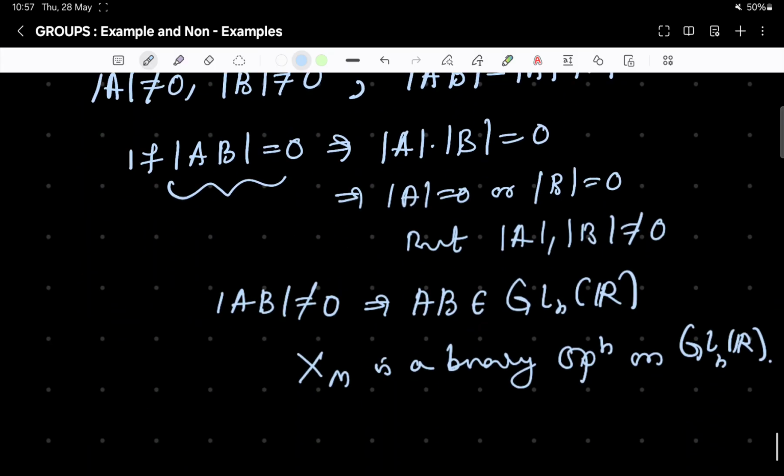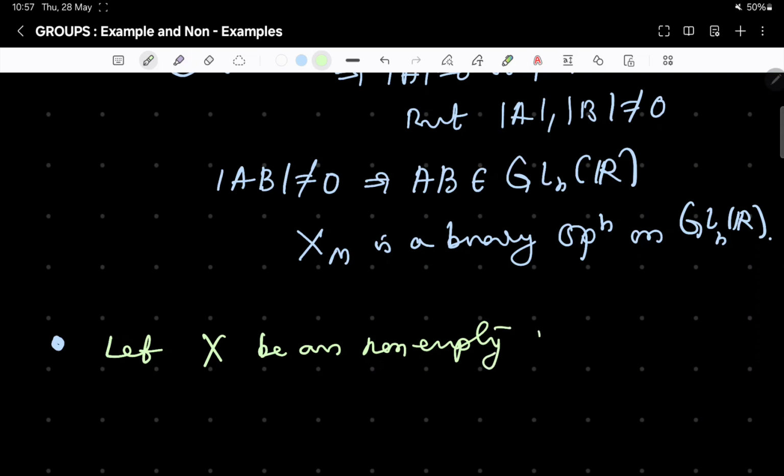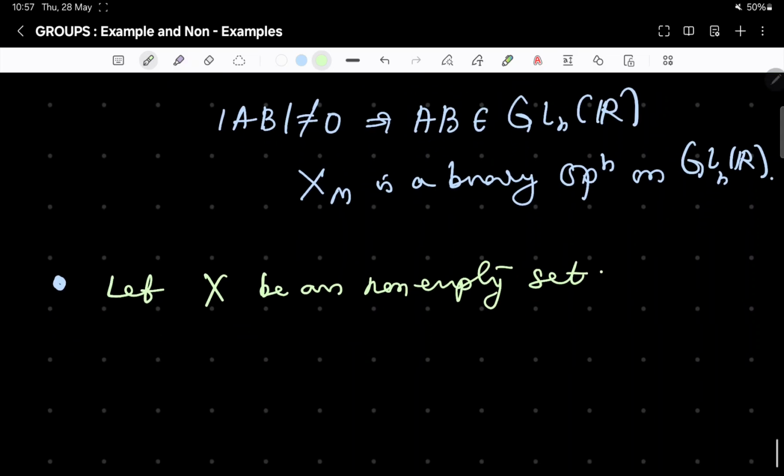Now we go for another kind of set. Let X be a non-empty set. Now consider the power set of this. The power set is what?